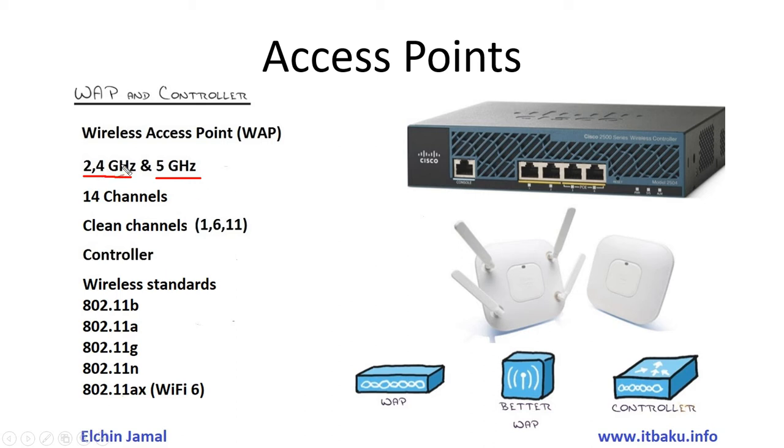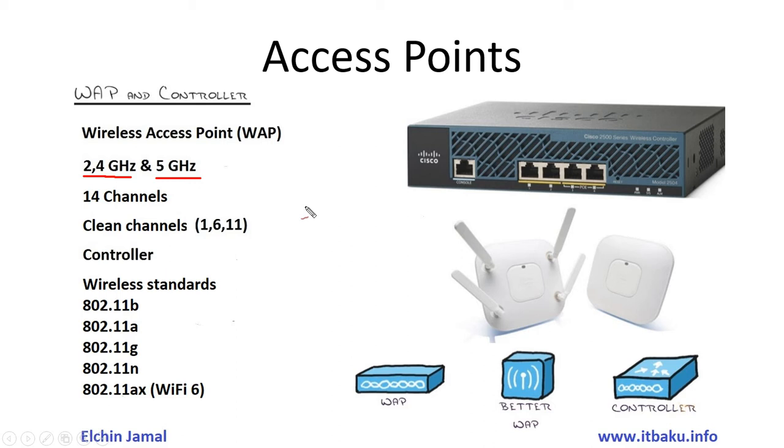The 2.4 gigahertz waves are very long, but a little weaker than 5 gigahertz. 5 gigahertz waves are stronger than 2.4 gigahertz, but they are short. But actually, most of the devices are working at the 2.4 gigahertz frequency. For example, access points, wireless routers, even microwave ovens, Wi-Fi phones, Wi-Fi web cameras, etc.